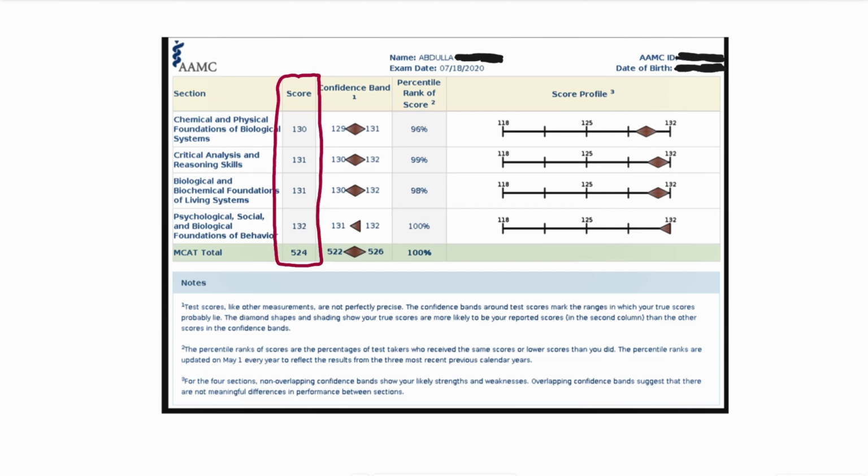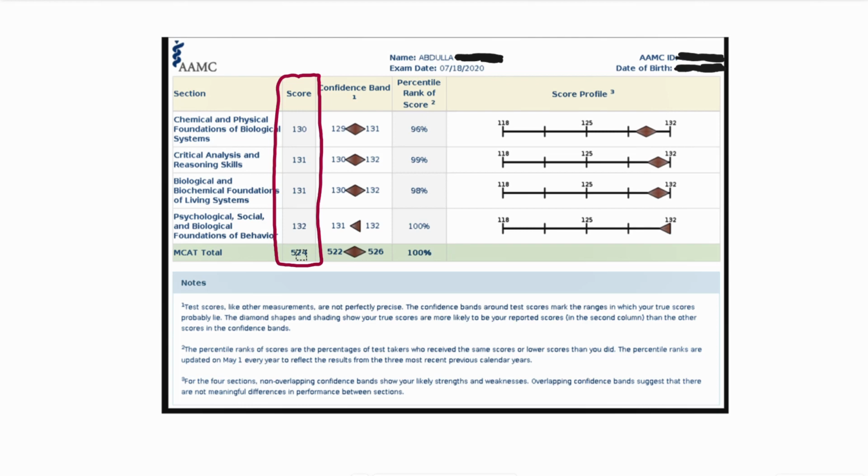So you can see that there are, of course, 4 sections. I'm sure you're aware of this if you've been studying, but if not, I'm going to briefly talk about this. There are 4 sections, and each section is scored out of 132. Your overall score down here is going to be a total of your 4 section scores. So the maximum score on each section is a 132, and the total overall maximum is 528.